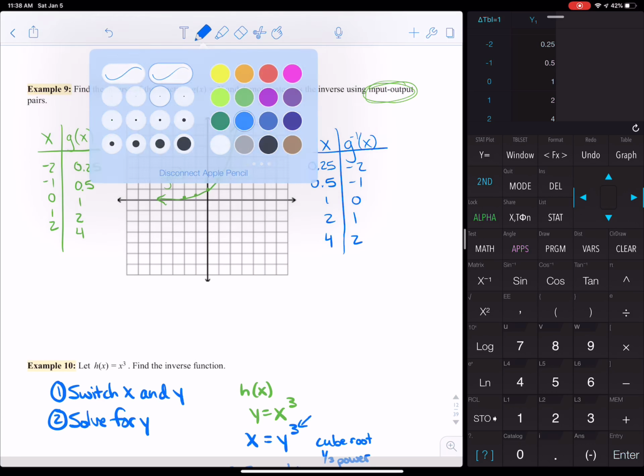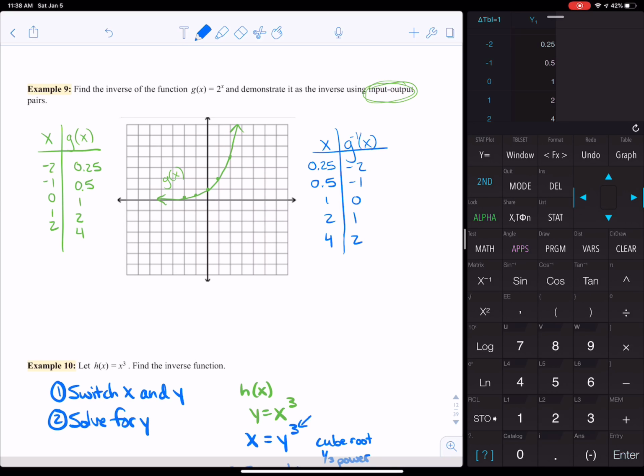And then the inverse function, we just switched each x and y value. So let's go to 0.25, -2, and plot that one. 0.5, -1, 1, 0, 2, 1, and 4, 2. And that is our inverse of g of x.